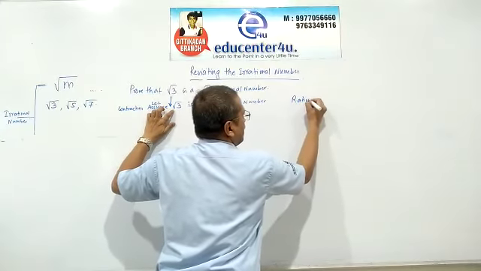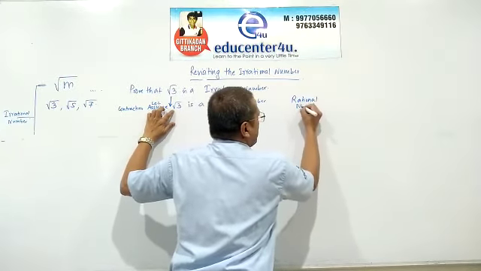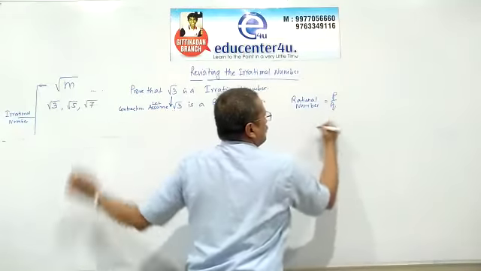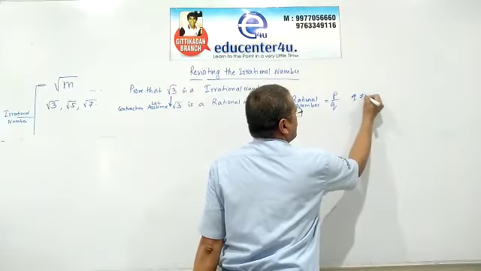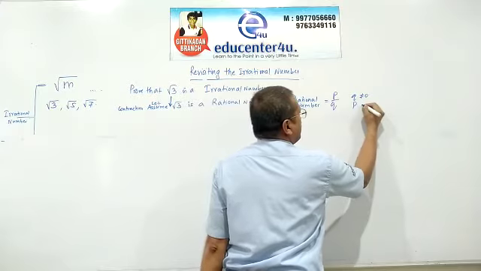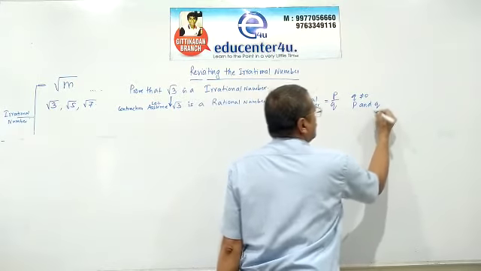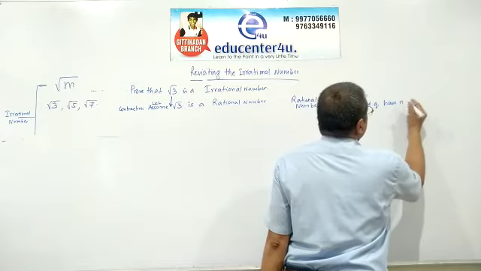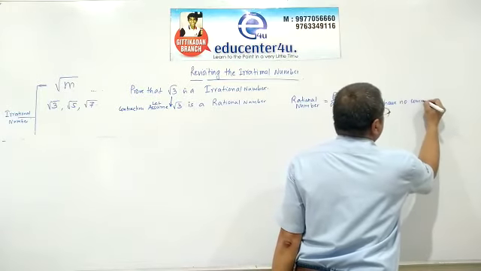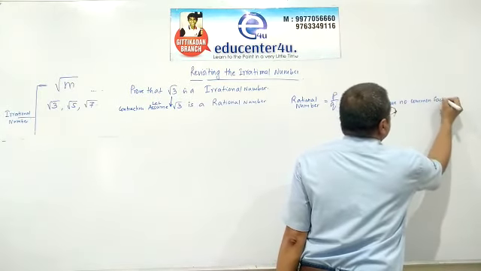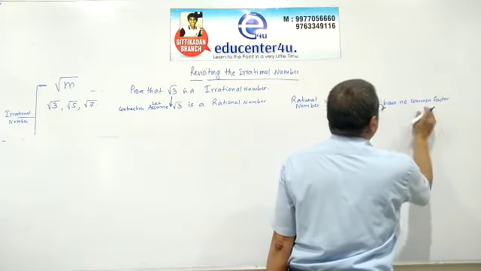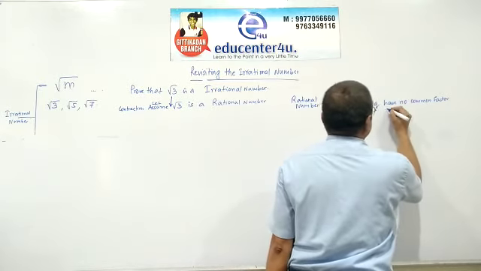We all know that rational numbers are in the form p by q, where q is not equal to 0, and p and q have no common factor other than 1.